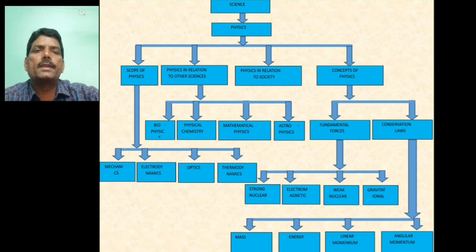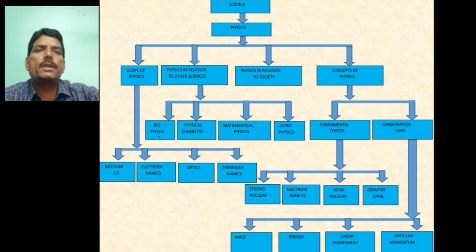In scope of physics, you have four things: mechanics, electrodynamics, optics and thermodynamics. In physics in relation to other sciences, the other sciences are biophysics, physical chemistry, mathematical physics and astrophysics. In concepts of physics, you have the fundamental forces.